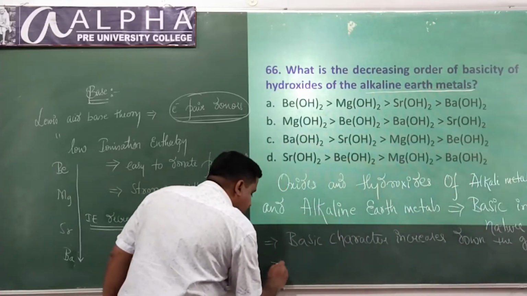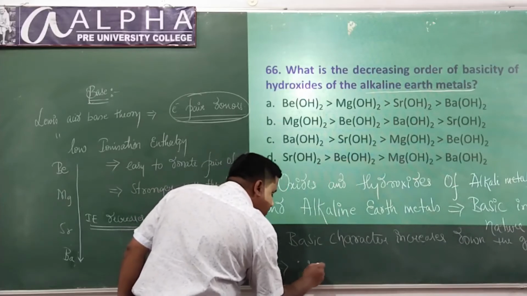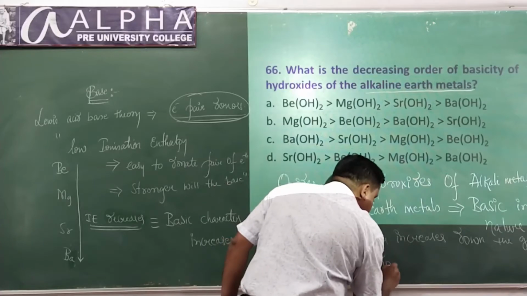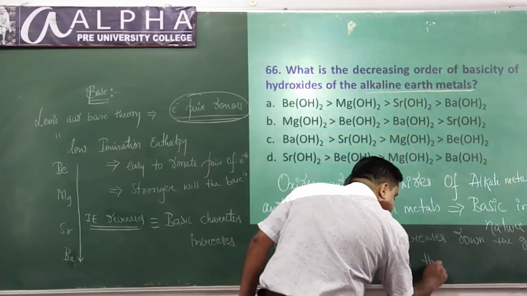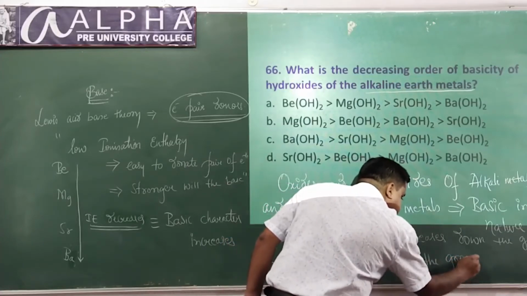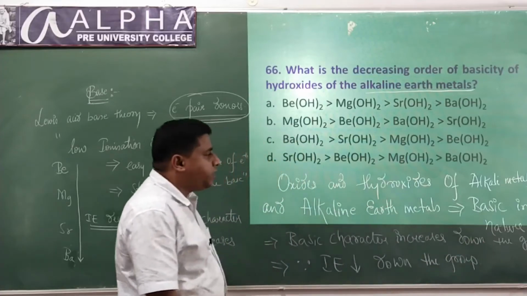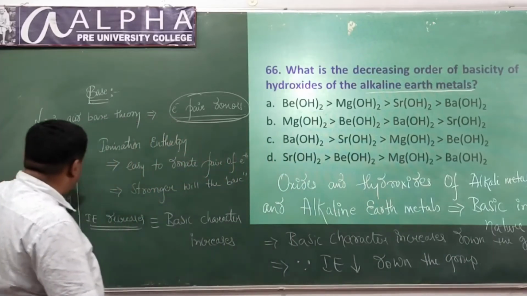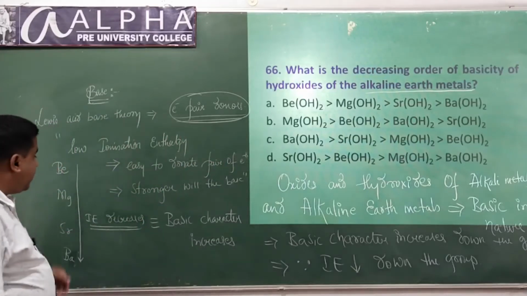Because ionization enthalpy decreases down the group. I hope you have understood about these things. Are we clear? So down the group, the basic character increases.